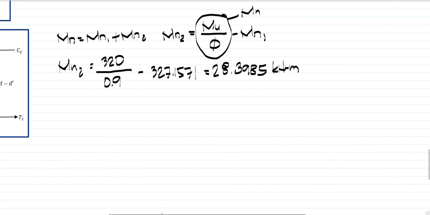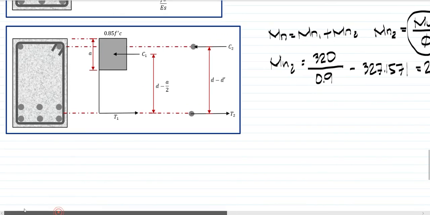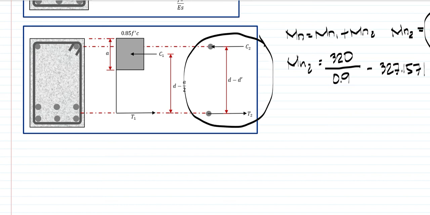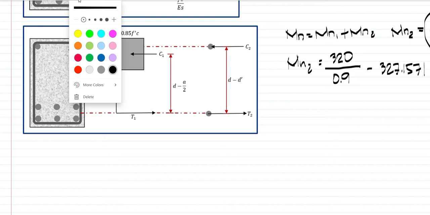After getting the second nominal moment, we can get As2 using this diagram. We sum up moments on the compression side.